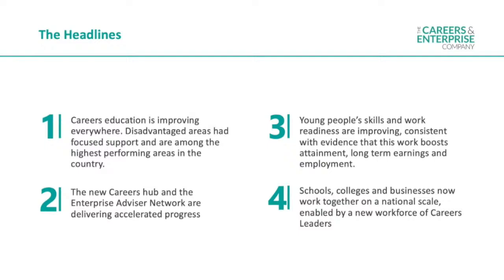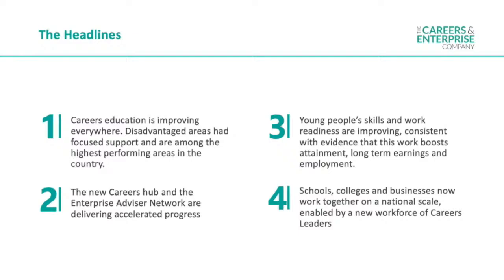However, the career strategy version 1, which detailed that by 2020, all schools and colleges should be achieving the Gatsby benchmarks. We know this is a difficult task, but one that we absolutely must continue to pursue. So in terms of headlines, careers education is improving everywhere. We know that when we think back to 10, 15 years ago, there's been an absolutely seismic change in the careers education infrastructure across the country.